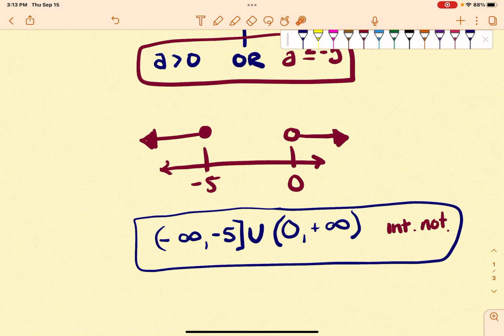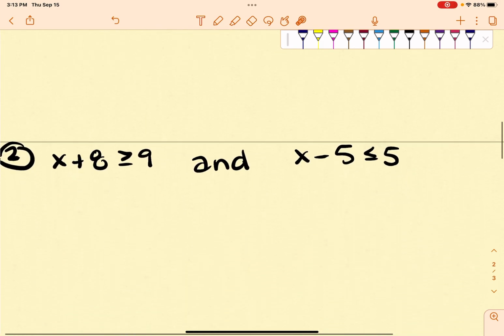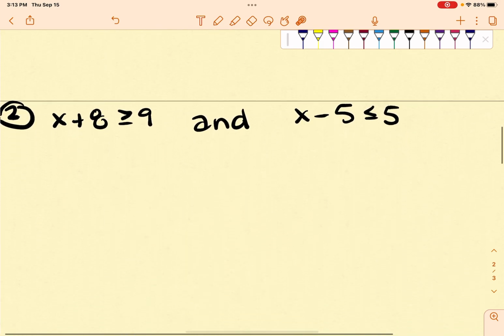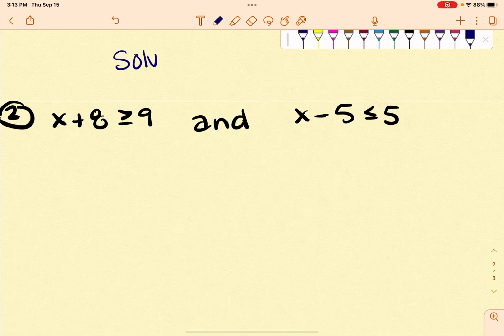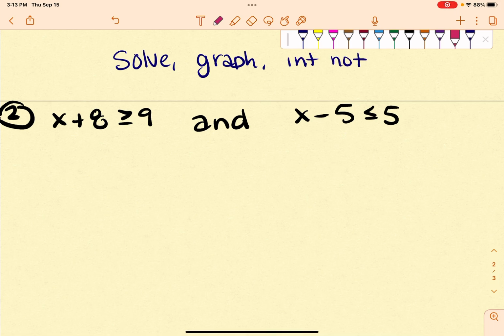Okay, now let's look at an and real quick. So same thing, we're going to solve, graph, and then I need to be able to name the interval notation. So if I start out solving, I'm going to put my line here just like before. So on this, if I want to get x by itself, I'm going to get rid of this. So the opposite of adding 8 is subtracting 8.